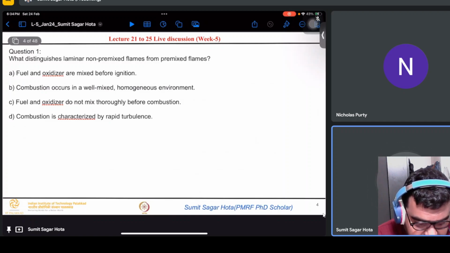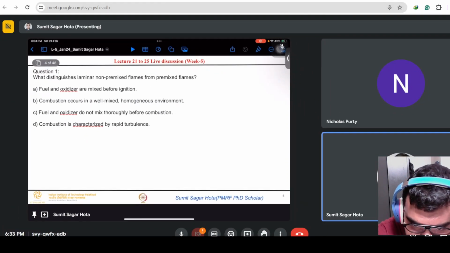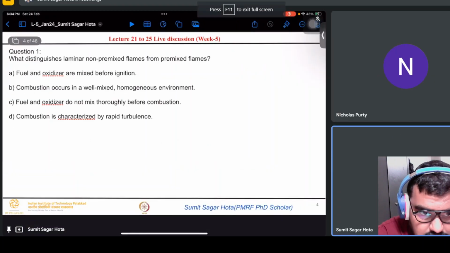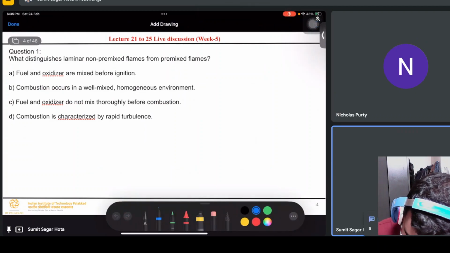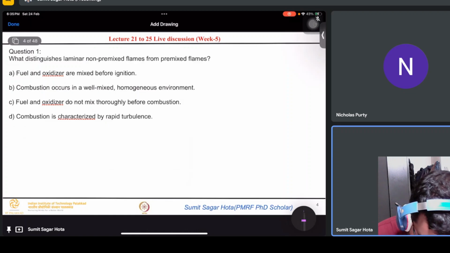This is the answer to this question: fuel and oxidizer do not fully mix before the combustion, so it is non-premixed.